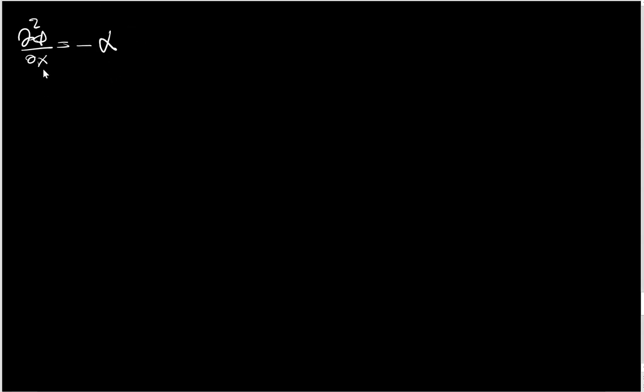I want to solve this problem. Now I integrate once. If I integrate once, I can rewrite this as partial phi partial x equals negative alpha x plus c1. Agree?